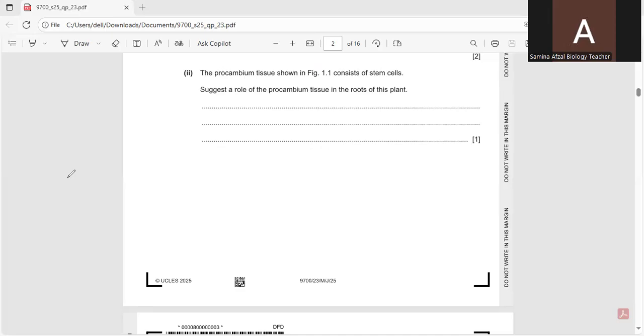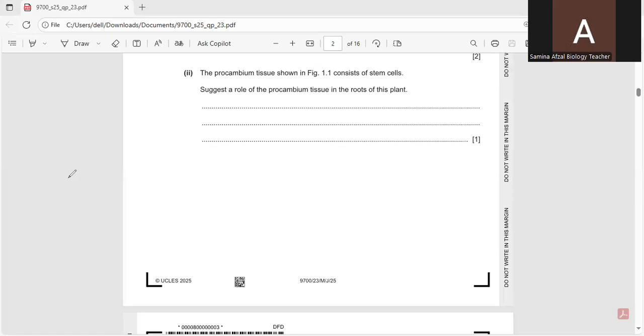Procambium is a primary meristem, a tissue of undifferentiated stem cells that give rise to primary vascular tissue. Positioned between the primary xylem and primary phloem in the root, its primary role is to differentiate into primary xylem and primary phloem.